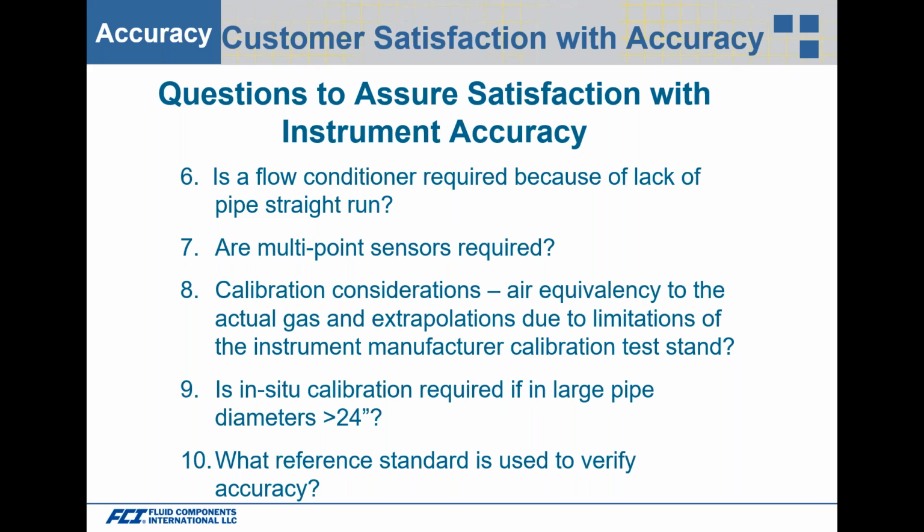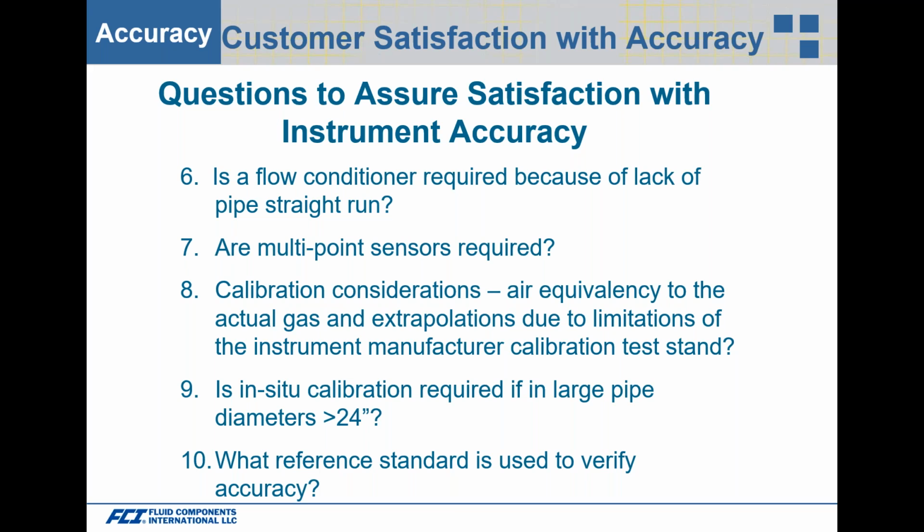And then, is in-situ calibration required if in a large pipe diameter? Let's say 24 inches or larger. You can still use a single point and do an in-situ field calibration, meaning that you have the flow meter installed, you pull it out, and you put in an S-style Pitot tube, and you perform a cross-sectional measurement across that pipe to find out what that average flow is.